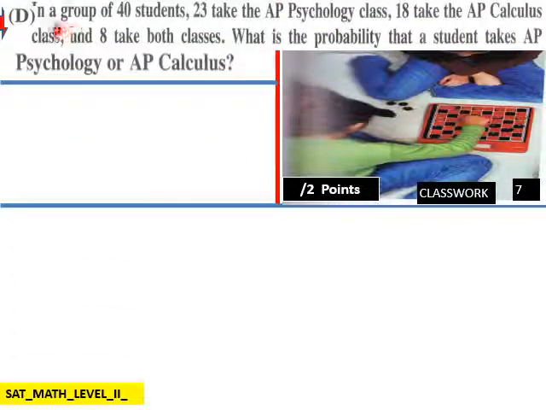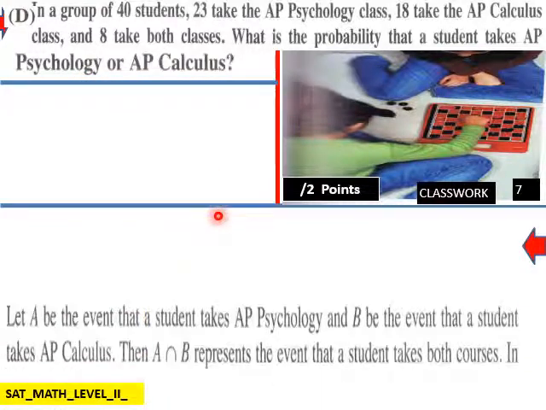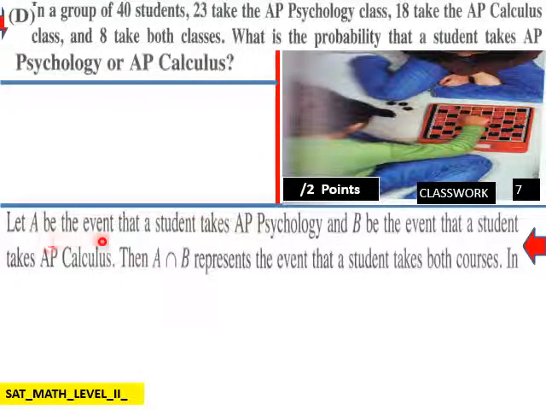Okay, so question D: in a group of 40 students, 23 take AP Psychology, 18 take AP Calculus, and 8 take both classes. What is the probability that a student takes AP Psychology or AP Calculus? Let A be the event that a student takes AP Psychology and B be the event that a student takes AP Calculus.